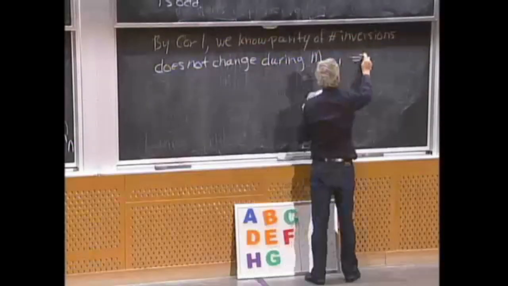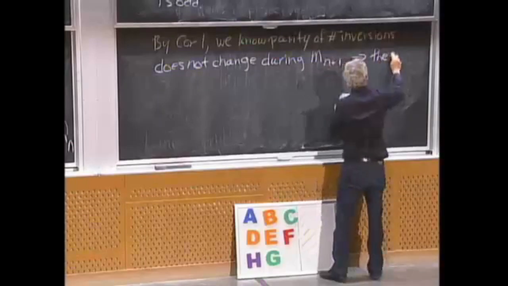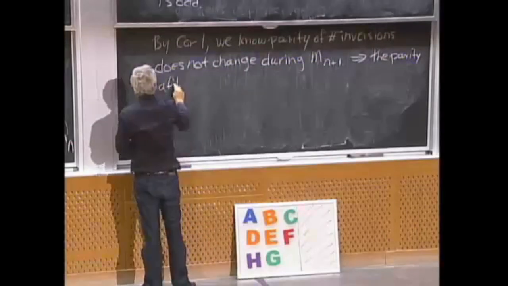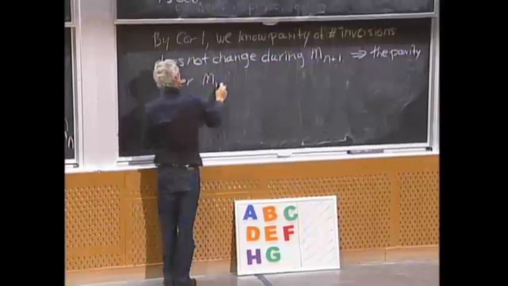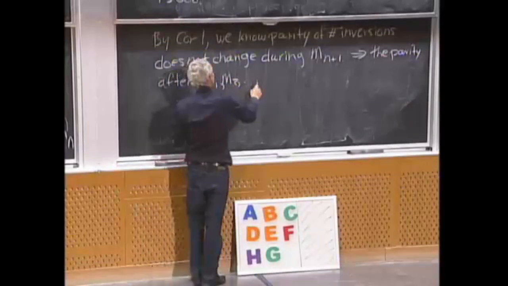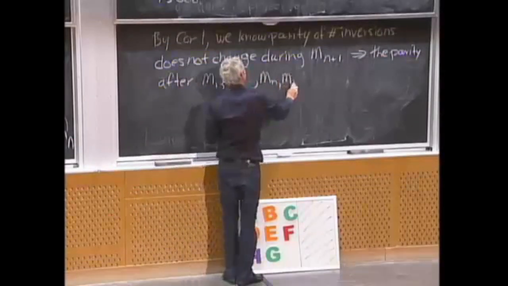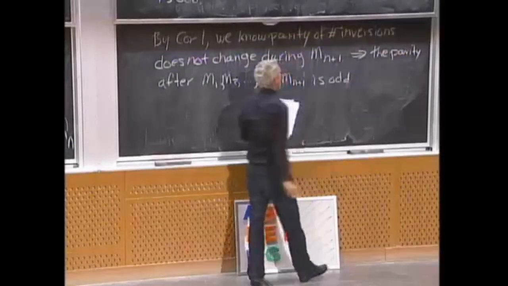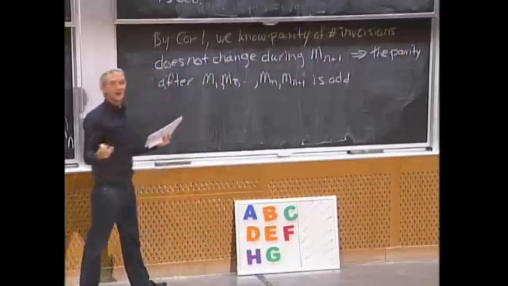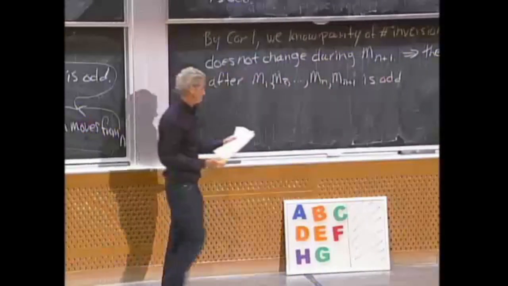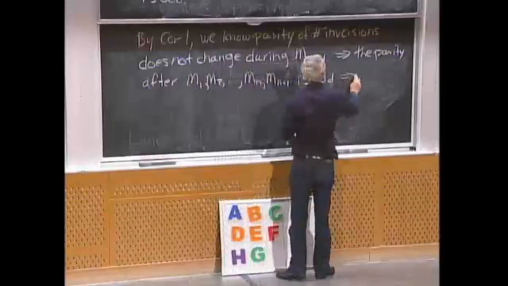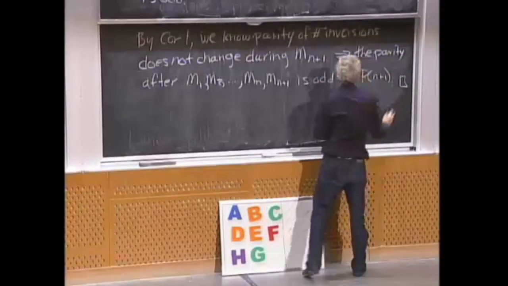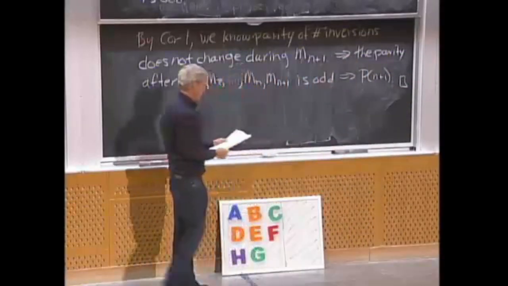Therefore, this implies that the parity after all n plus 1 moves is odd. Started odd, it stayed odd after the first n, it stayed odd during the n plus first, so it's odd. And that's exactly the statement of P of n plus 1. So we've completed the induction. We've shown that P of n implies P of n plus 1.